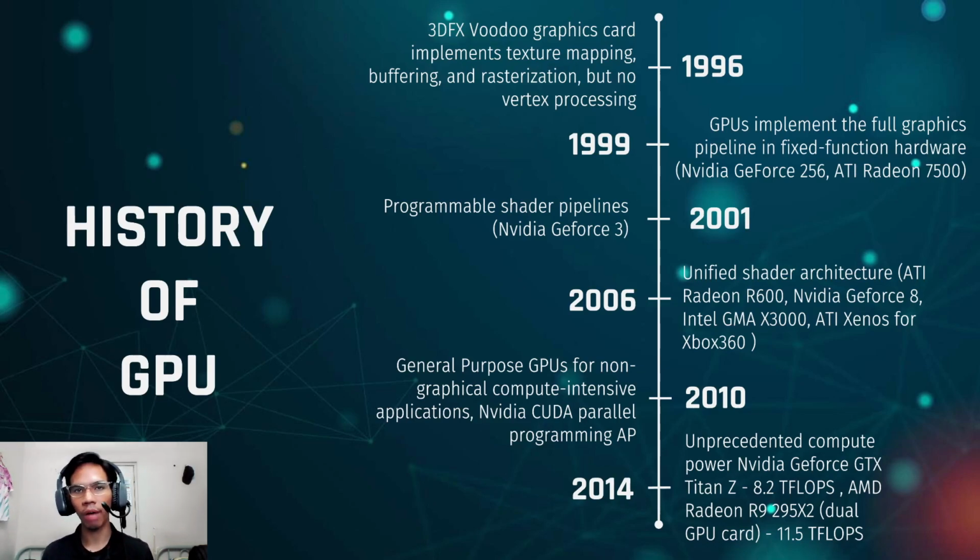It was upgraded again to unprecedented compute power, inserted in the NVIDIA GeForce GTX Titan Z with 8.2 teraflops and the Radeon R9 295X2 dual GPU card with 11.5 teraflops in 2014, and it has become even more developed until now.